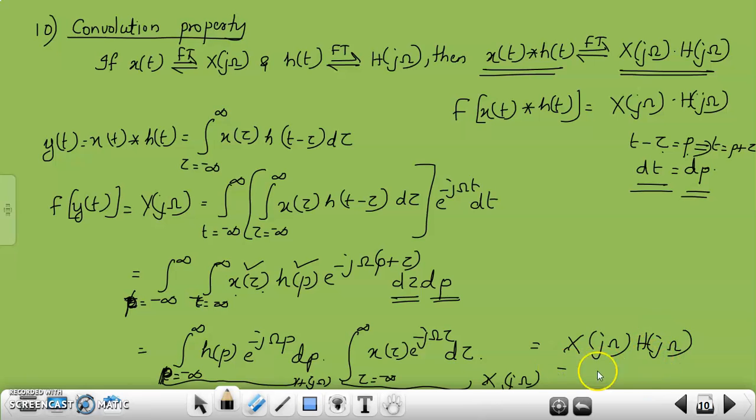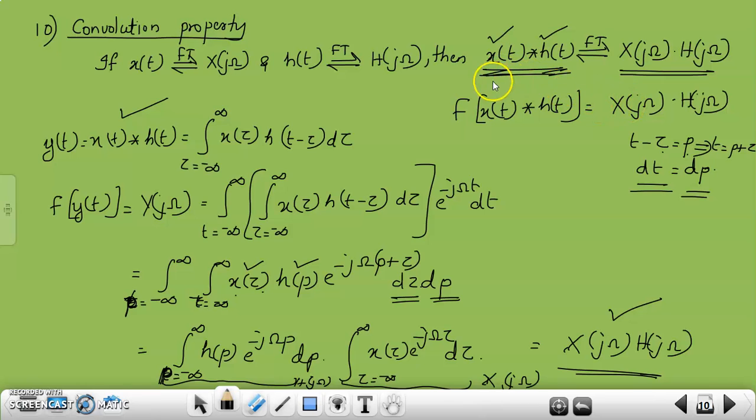That means performing convolution in time domain is equivalent to performing multiplication of the corresponding spectra in frequency domain. If you have complex signals represented in a diverse manner in time domain, then you take the Fourier transform of x of t and h of t, and the time domain convolution can be found by multiplying the frequency spectra and taking the inverse.